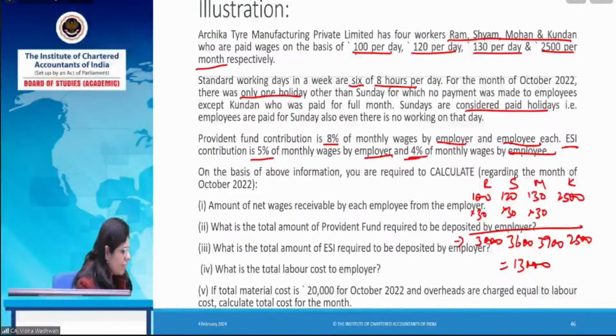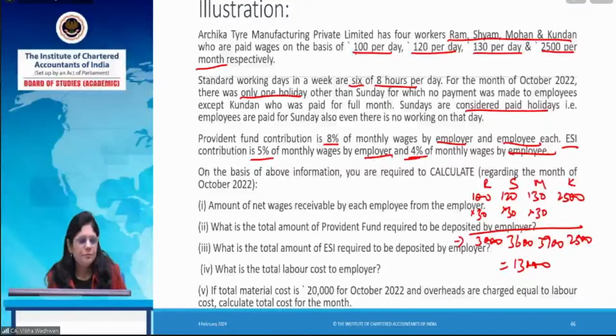Can I have the net wages, please? Okay, 11440. Good. So be very quick, please.